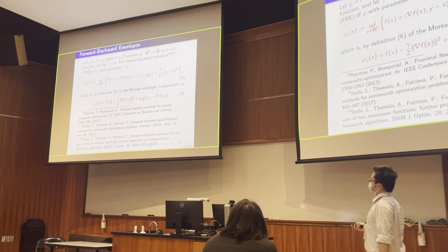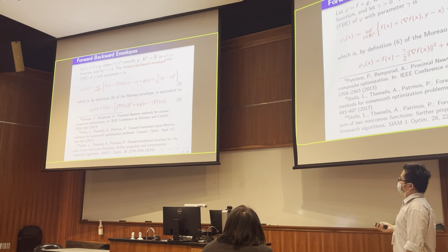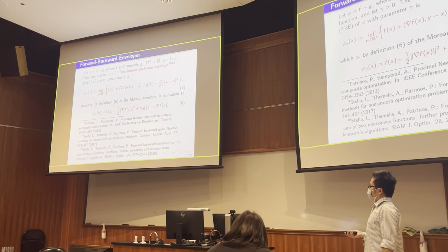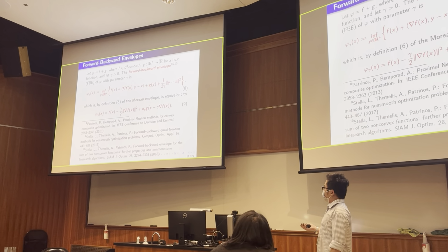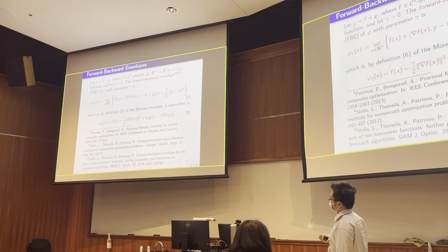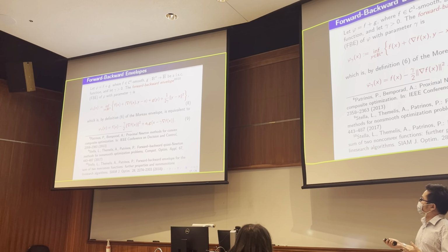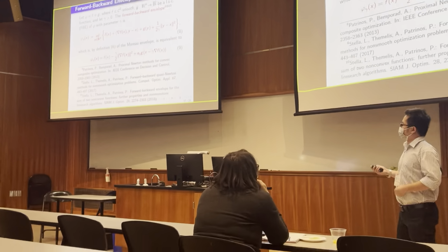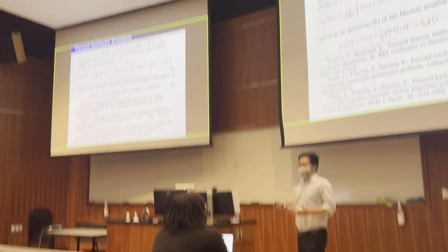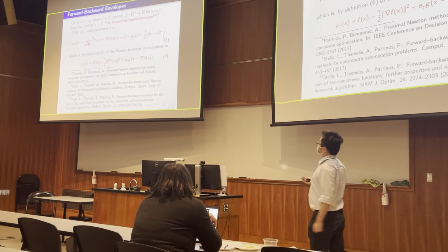So they use the forward-backward envelope to solve convex composite optimization. And very recently, the group of Patrinos established forward-backward envelope algorithms to solve nonsmooth optimization problems, not only convex but also nonconvex.